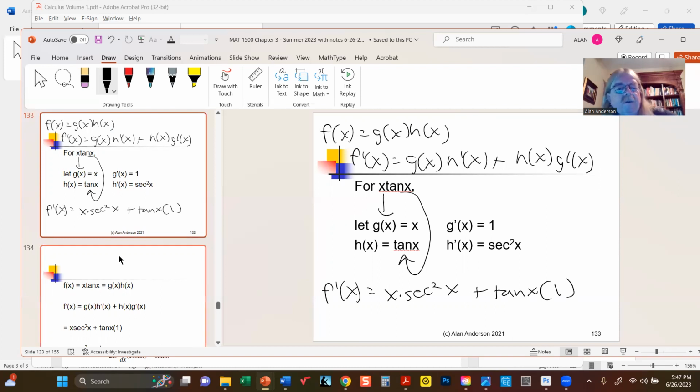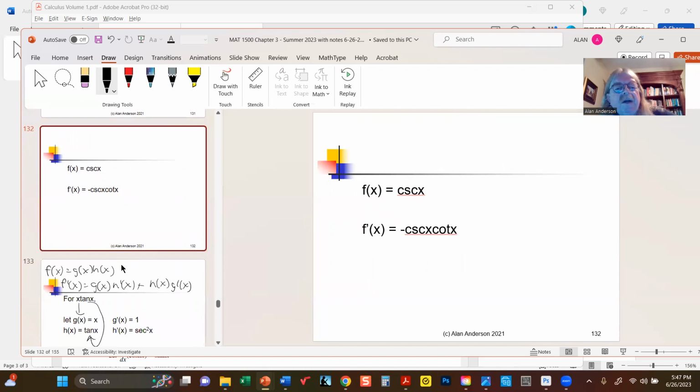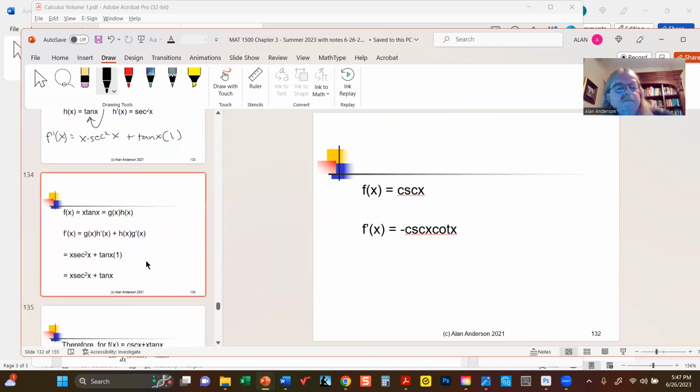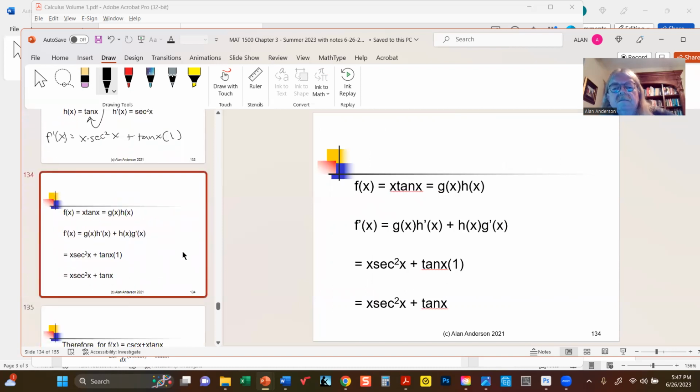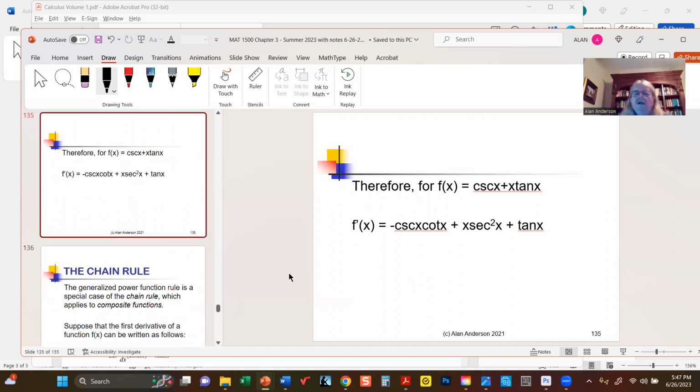So now, don't forget, we previously had this first term. So we're going to combine them now. And we end up with, okay, this is the one we just derived with the product rule.